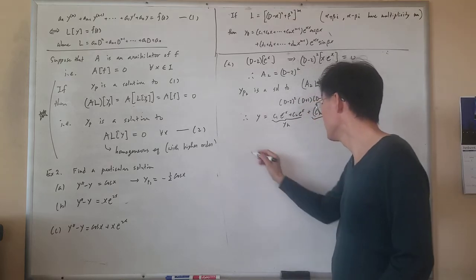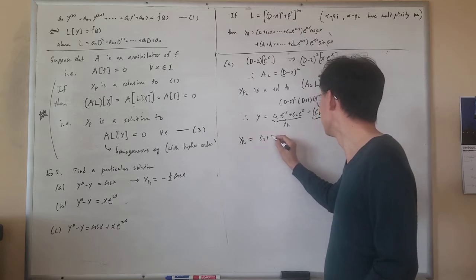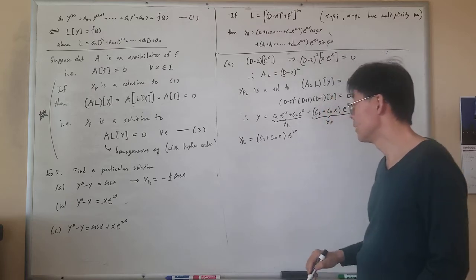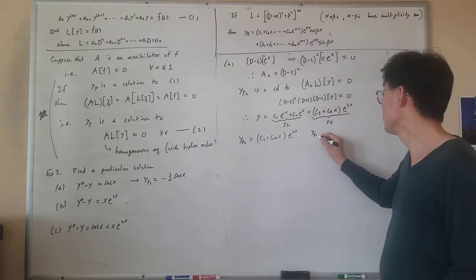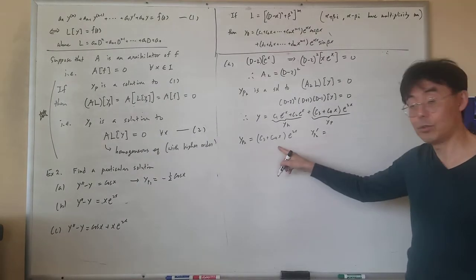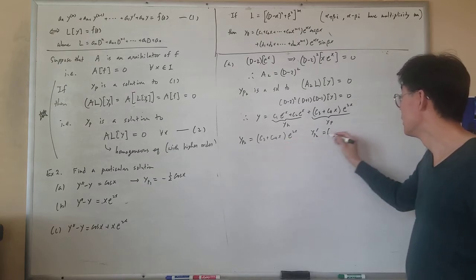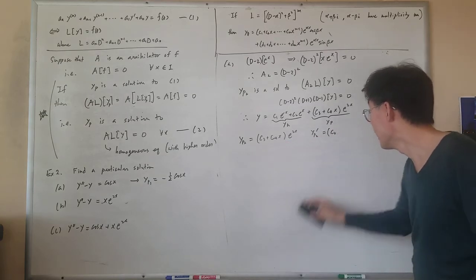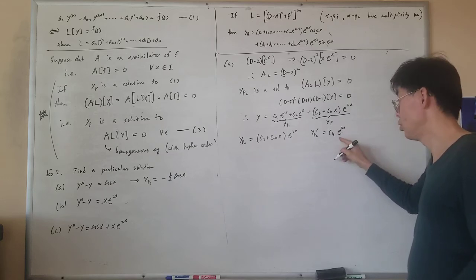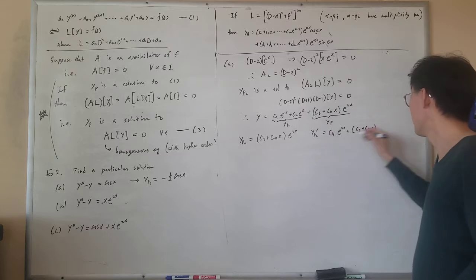So in this case, we set the particular solution to be c3 plus c4 x times e to the 2x. So what is yp2 prime? Okay, we have to use the product rule, f prime g plus f g prime.